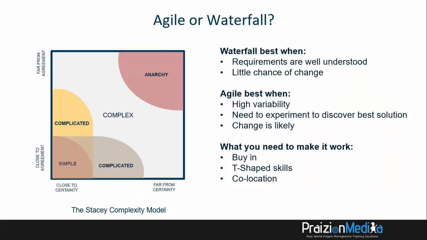Also, the Stacey complexity model, you can find this on page 14 of the Agile Practice Guide. So I would highly recommend you take a look at that. Make sure you understand it. And it's only going to help you the more as you prepare for your exam.